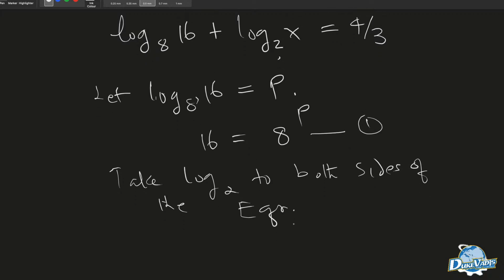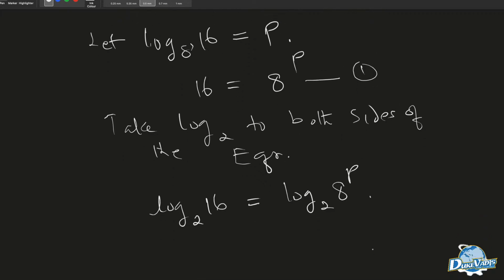So we have log to the base 2 of 16 is equal to log to the base 2 of 8 to the power p. What am I doing? I'm just trying to change to the same base.